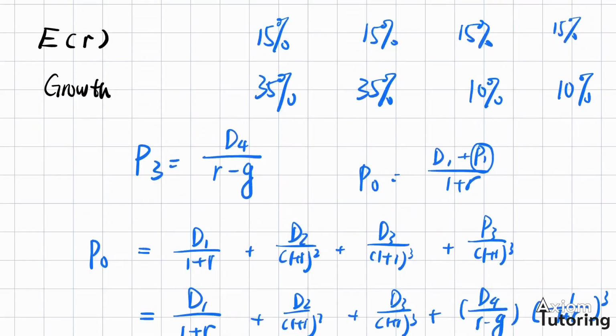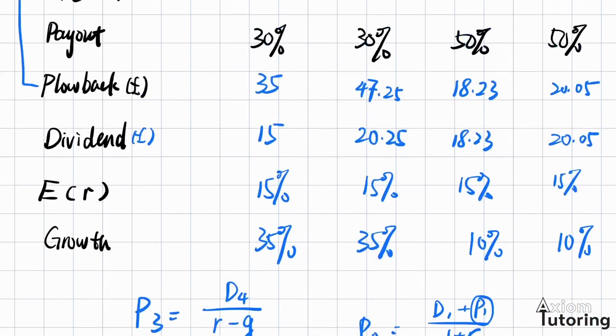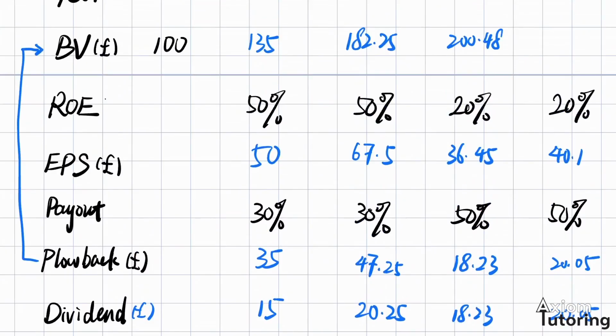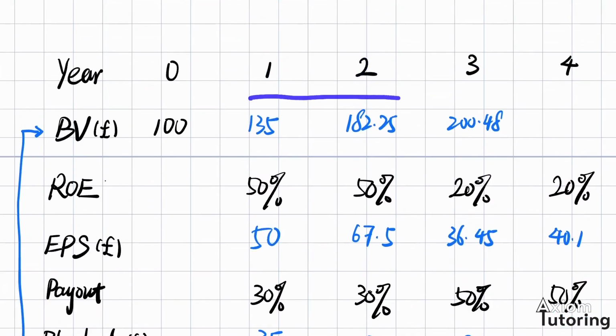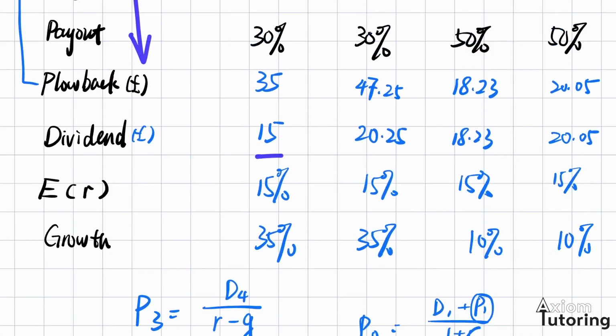Whenever you have multiple periods or multiple growth rates, it is advised to write out these years, to expand the years and expand each item this way, so you can calculate the dividends for each year until you get something constant, like a constant growth and a constant dividend. In this case, that happens after year 3. So before you get something that's stabilized in this way, you need to do it manually.